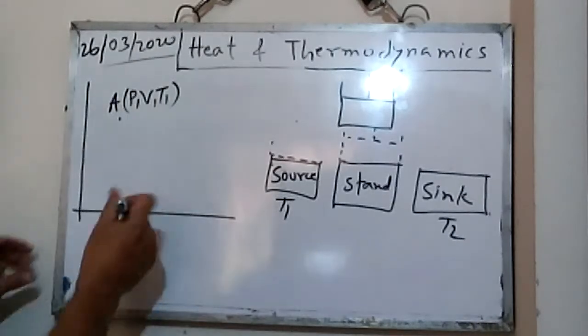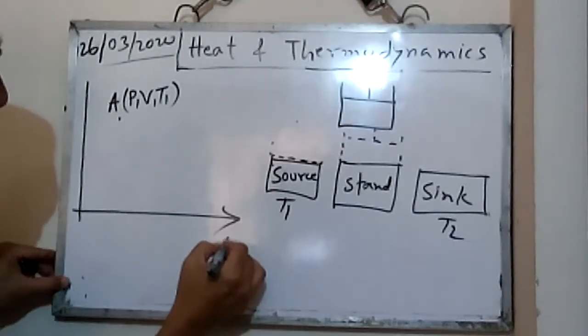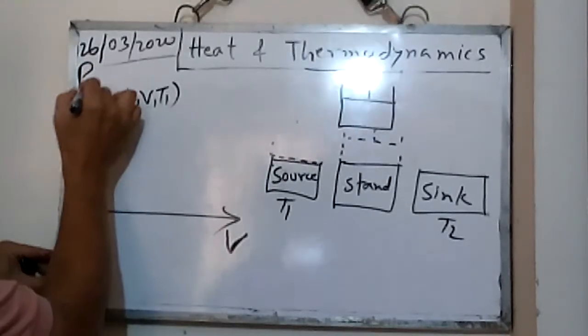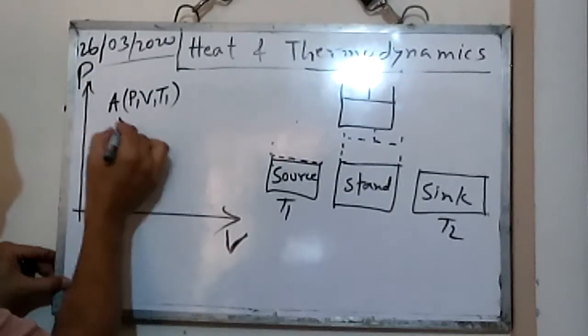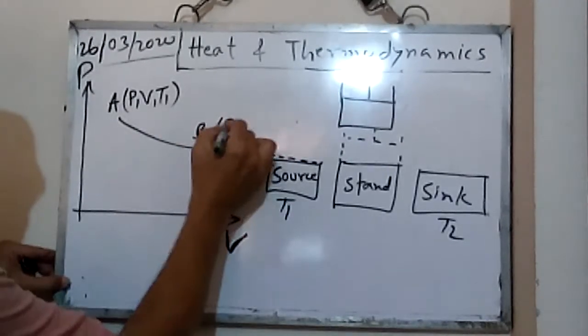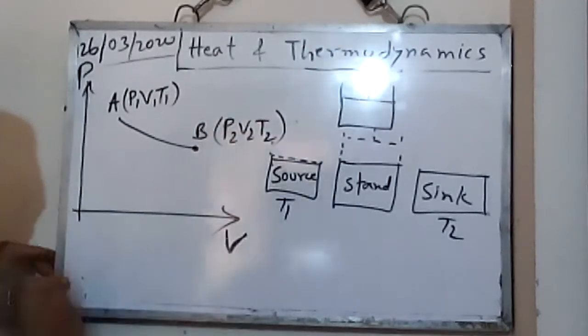Now volume and pressure: volume increases, pressure decreases, P2, V2, temperature decreases.